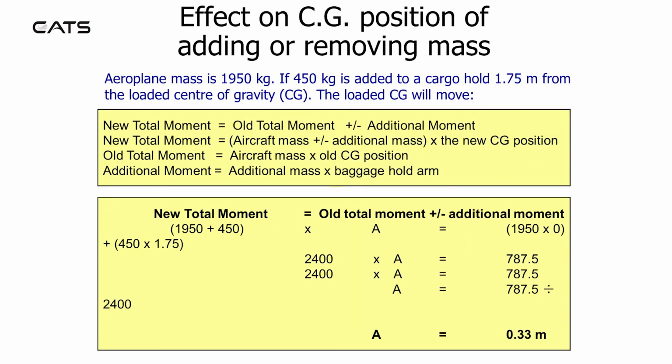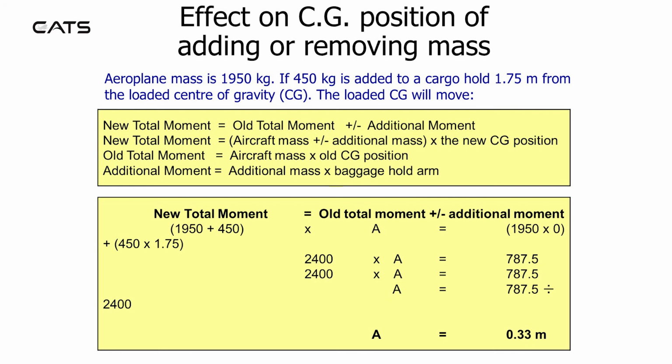An aeroplane mass is 1,950 kilograms. If 450 kilograms is added to a cargo hold 1.75 meters from the loaded centre of gravity, the loaded C of G will move. Using the formulae, new total moment equals old total moment plus or minus the additional moment. 1,950 plus 450 multiplied by A equals 1,950 multiplied by 0 plus 450 multiplied by 1.75.